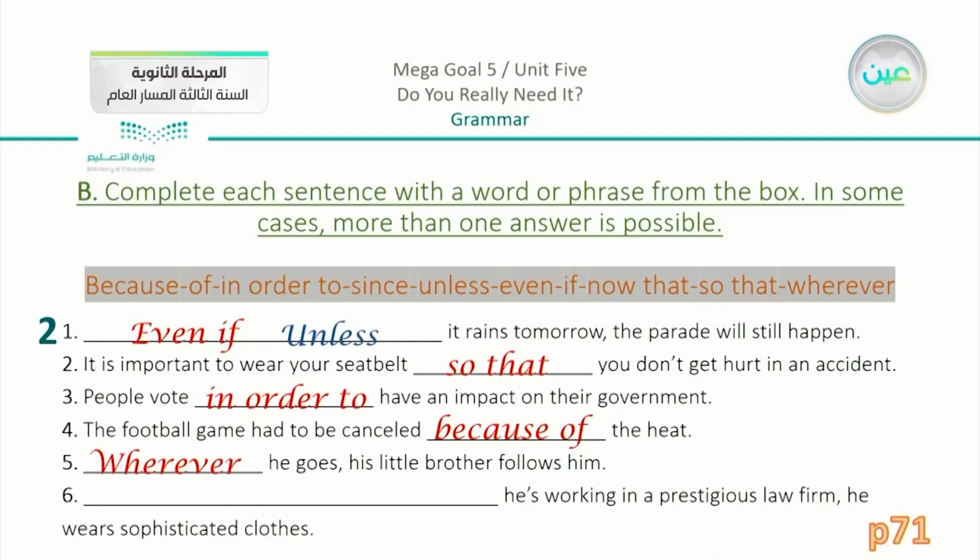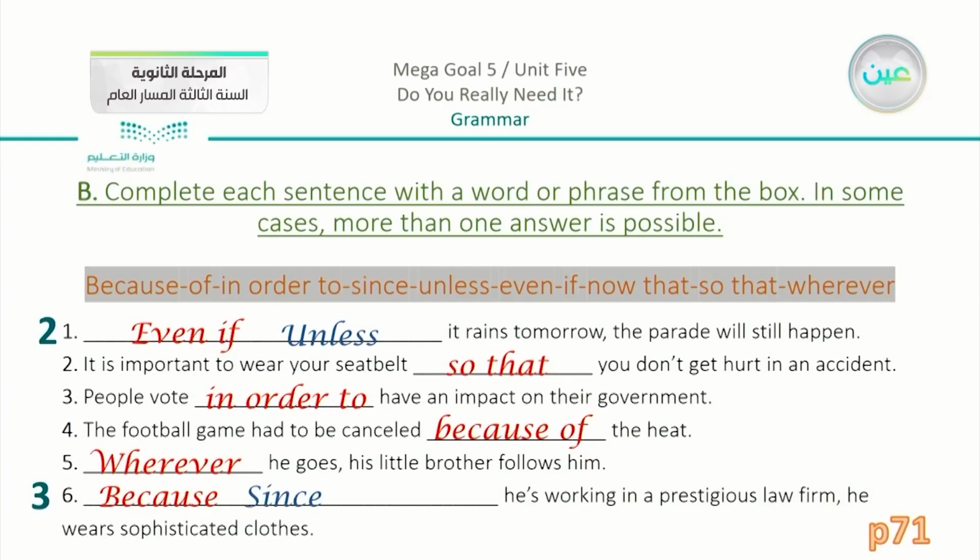And in the last one, number 6, we actually have 3 options for completing the clause here. Let's just read the clause first. He's working in a prestigious law firm. He wears sophisticated clothes. So you can show purpose. We can show a result, for example. So we can say, because he's working in a prestigious law firm, we showed reason.